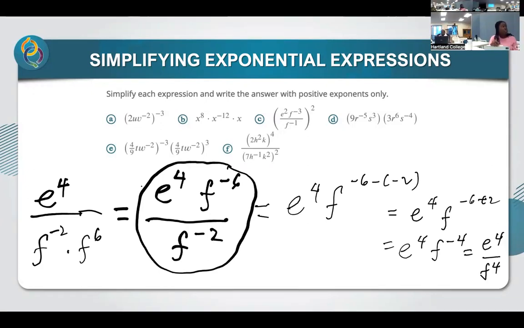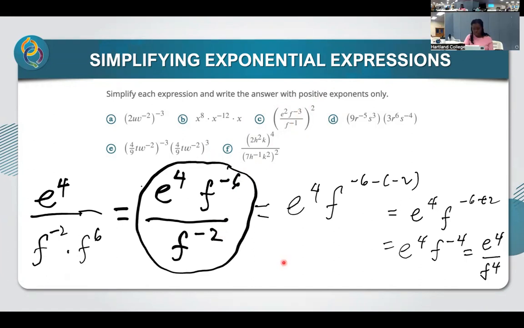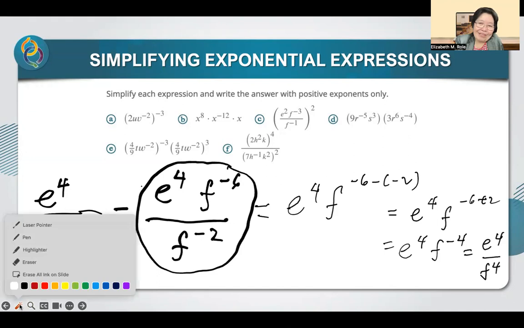Because we now distributed: 2 times 2 is 4, 2 times -3 is -6, 2 times -1 is -2. Good. So that's the final answer: e to the 4th over f to the 4th.